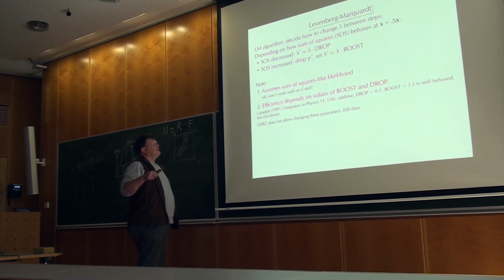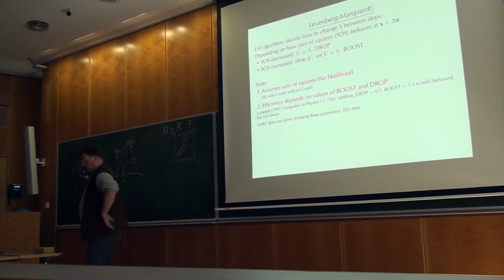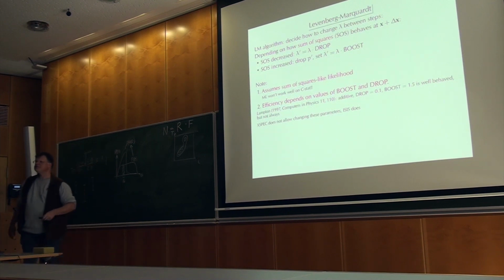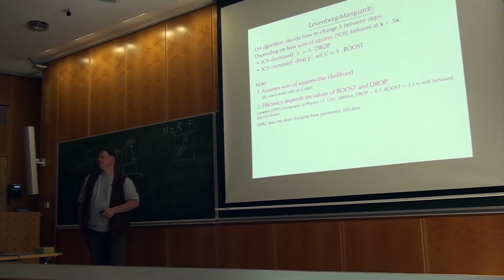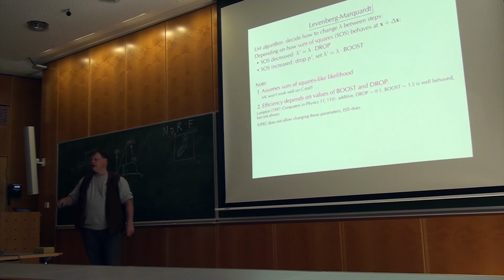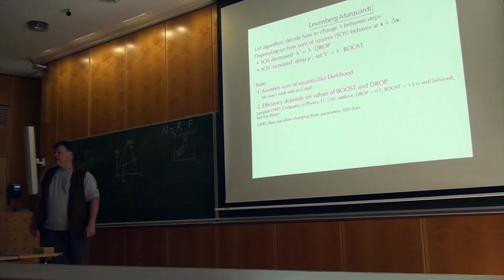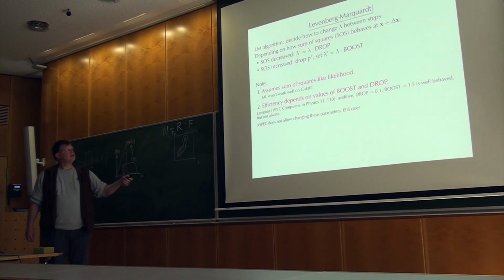The second thing that's important to know is that these numbers, the factors for decreasing and boosting lambda, are religion. Depending on the different implementation of Levenberg-Marquardt algorithms, people use different parameters there. None of these combinations of how far you should go down and how far you should go up will work for all cases. If you have software that allows you to change these values, it is usually useful to change those.